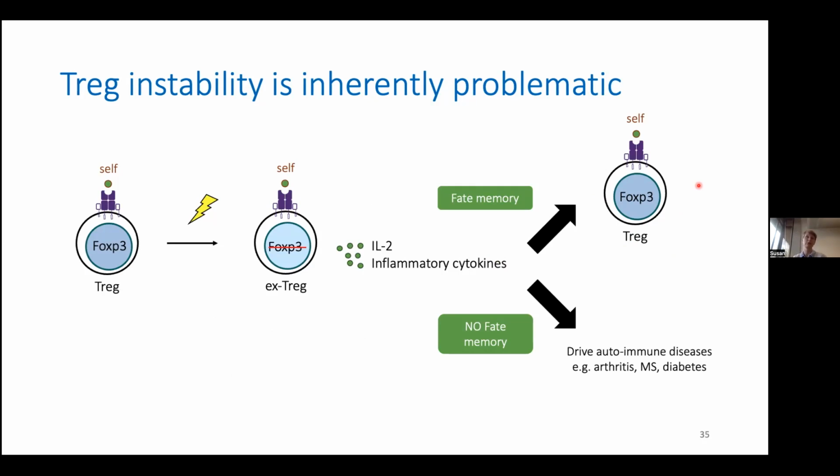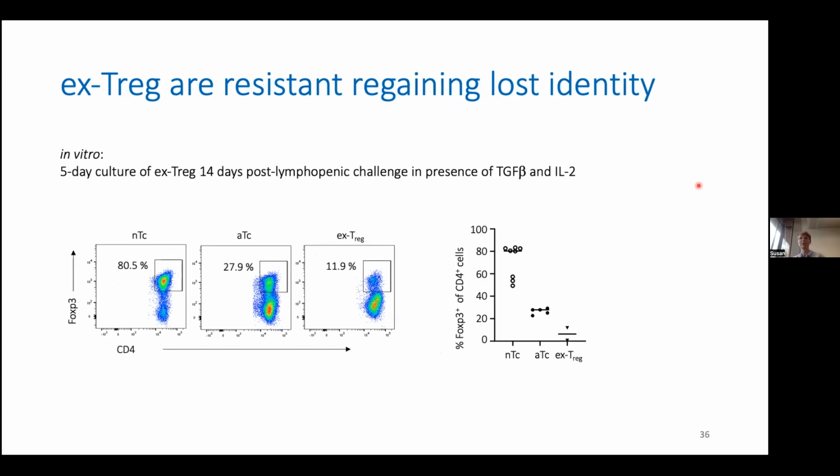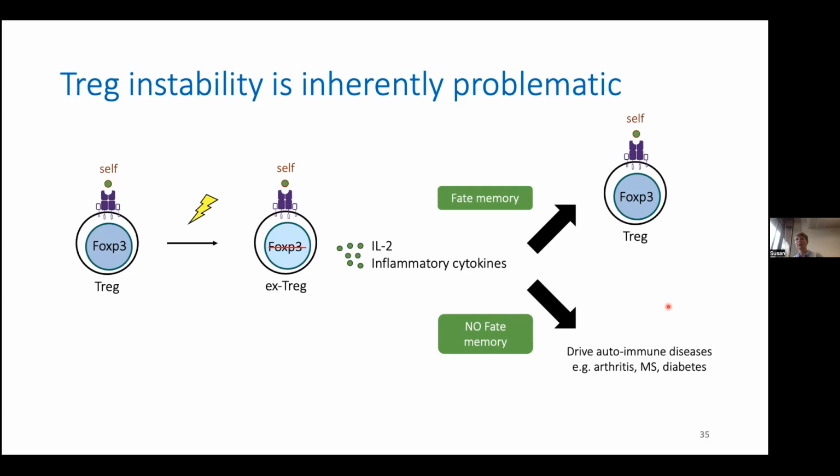But if they have no fate memory, then actually they can drive autoimmune diseases or contribute to the progression of inflammatory and autoinflammatory diseases. So we've tested this, and I'm just going to skip over this slide in the interest of time. We've tested this in vivo and in vitro, and we find little to no evidence for fate memory of X-Treg.